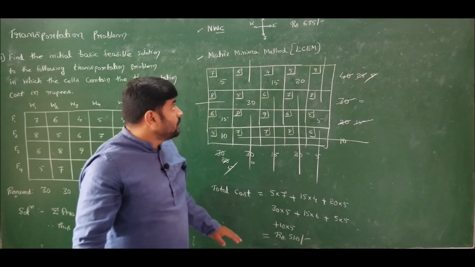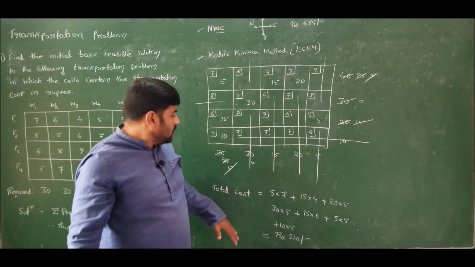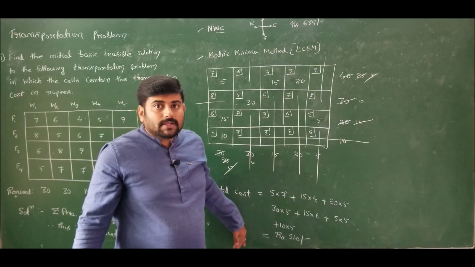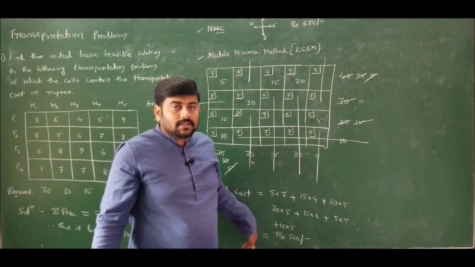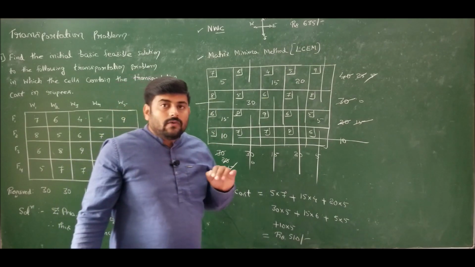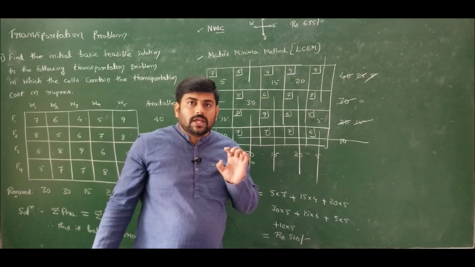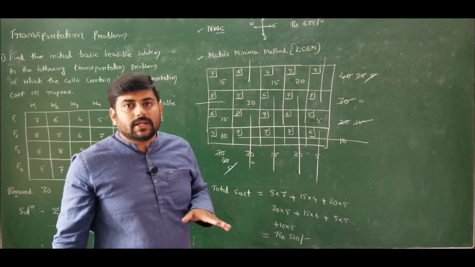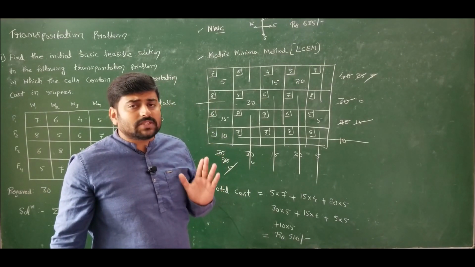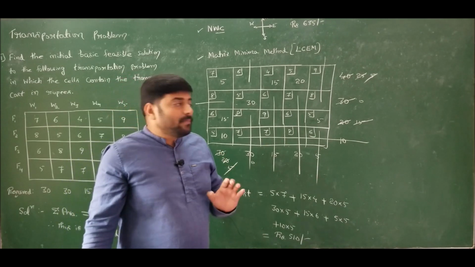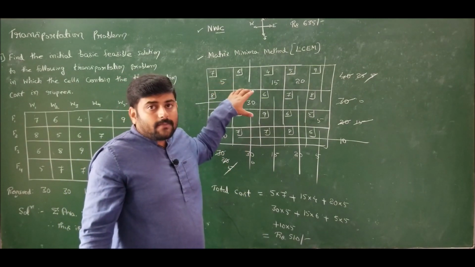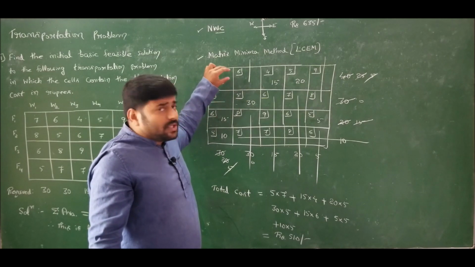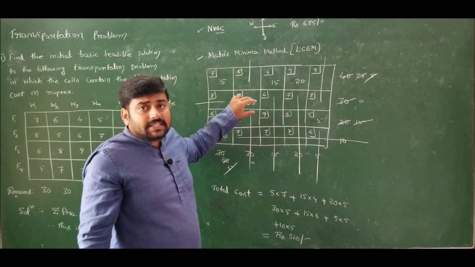Also, if you carefully observe, the minimum cost obtained is in case of the matrix minima method. This is because in the northwest corner rule, we are not giving preference to the unit cost. We are neglecting the unit cost, just moving from the northwest corner to complete the allocations. But here, we are carefully taking the unit cost into account and then allocating.